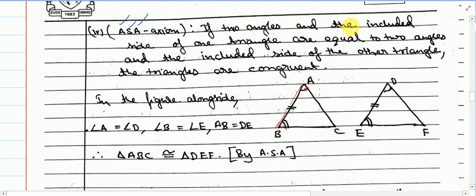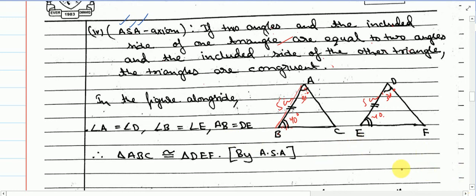So if two angles and the included side of one triangle are equal to two angles and the included side of the other triangle, then the triangles are congruent. Like let's say this is 30, this is 40, this is 30, this is 40, this is 5 centimeter, 5 centimeter. So 30, 30, 40, 40, 5, 5. By this angle side angle, these two will be congruent. So write down this condition also.